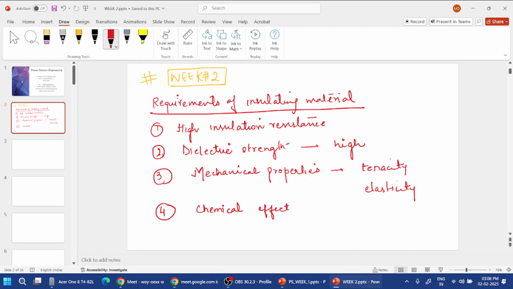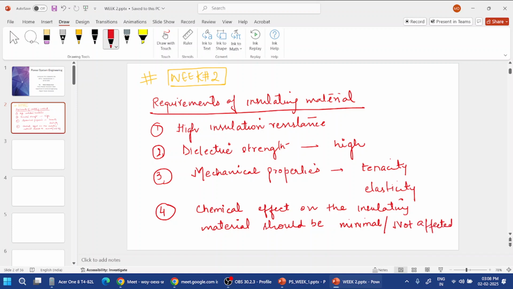The chemical effect on the insulating material should be minimal or not effective. So these are all the requirements of insulating material.